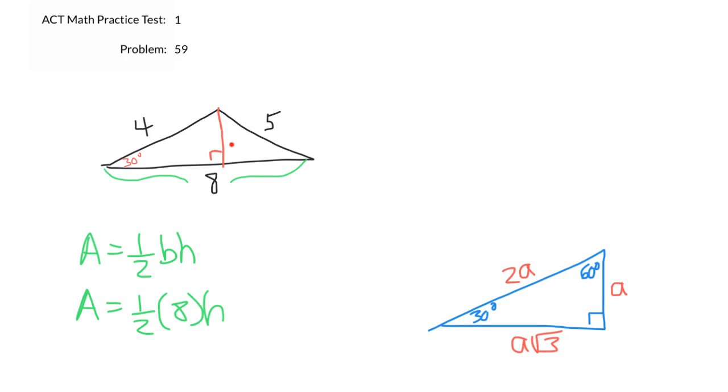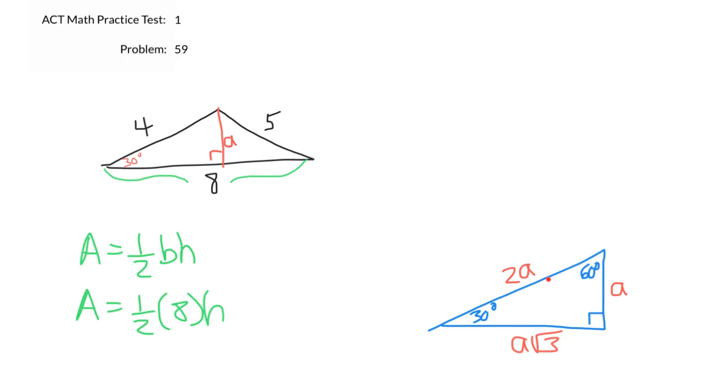And this right here is the short leg. In fact, I'm going to call it A because that's what I called it over here. Now, let's be clear. A is the height. But let's find A. Well, in a 30, 60, 90 triangle, A, the short leg, is 1/2 of the hypotenuse.